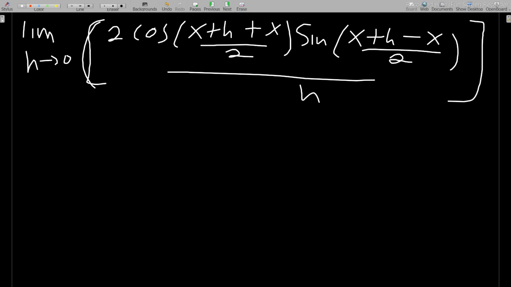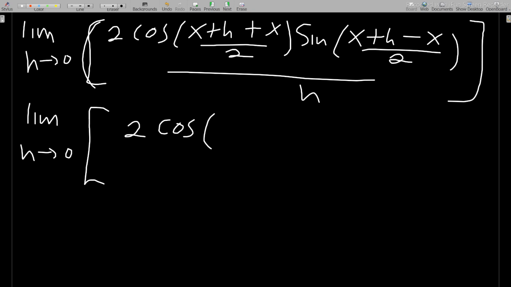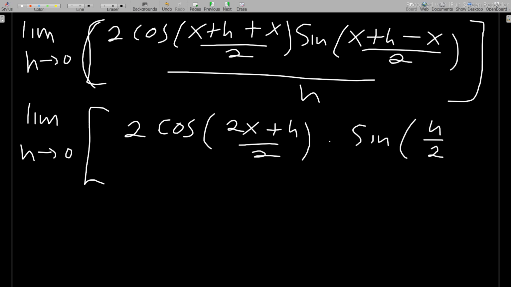So now the limit as h approaches 0 of 2 cos of (2x plus h) over 2, times sine of h over 2.